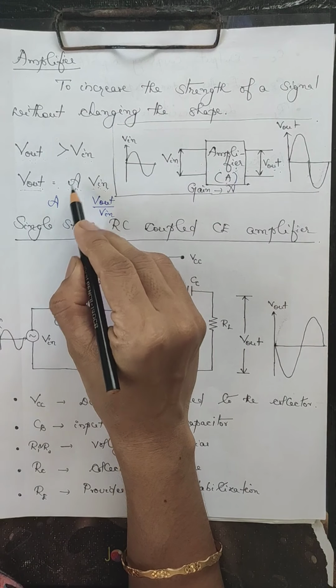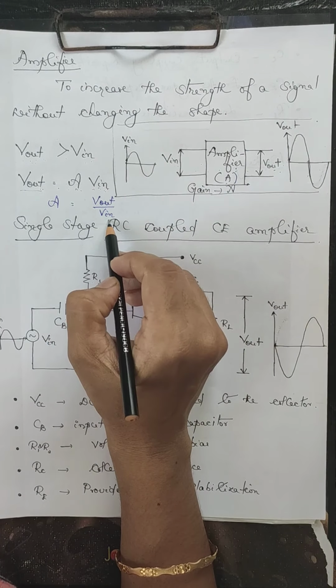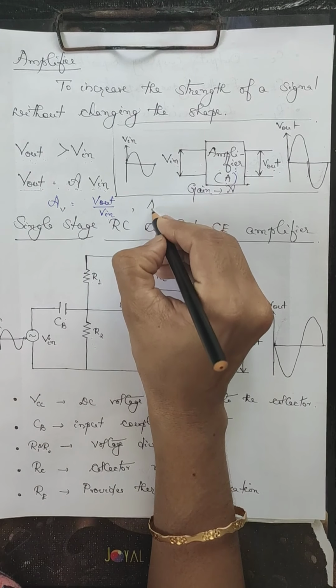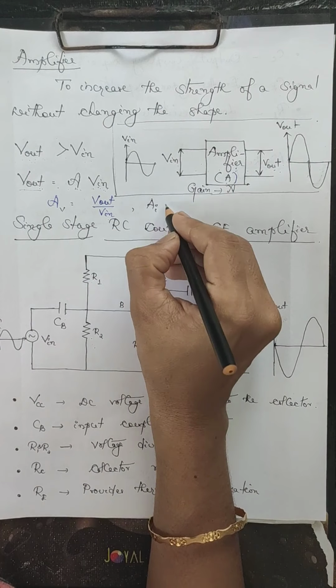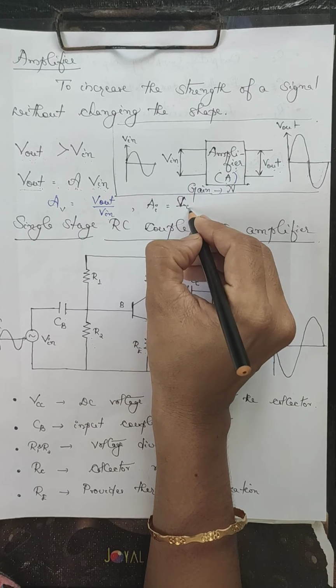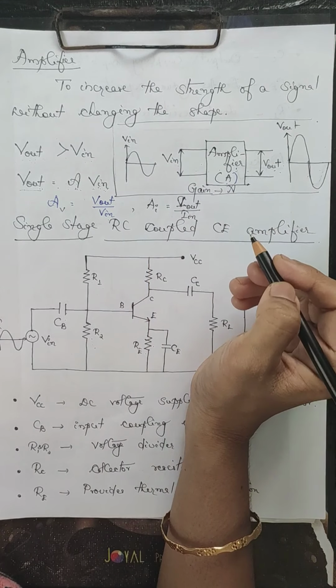So we can write the gain as A is equal to V out divided by V in. So this is the voltage gain. Similarly, if it is a current amplifier, we can write current gain as A I is equal to I out, the output current, divided by I in.